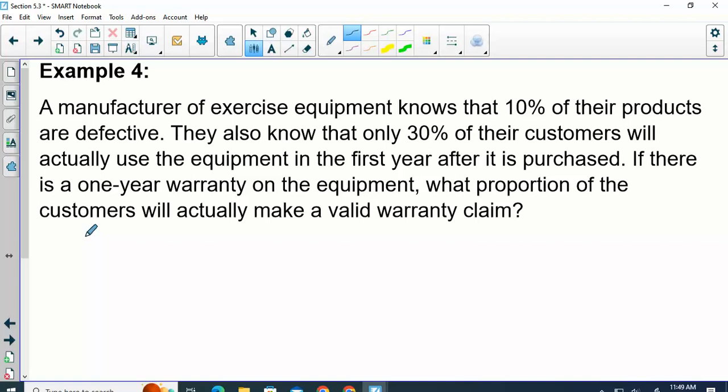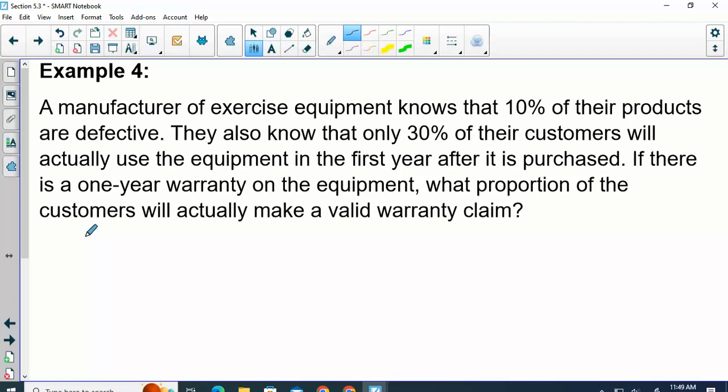A company that makes exercise equipment knows that 10% of their products are defective. They also know that 30% of their customers will actually use the equipment in the first year after it is purchased. If there is a 1-year warranty on the equipment, what proportion of the customers will actually make a valid warranty claim?